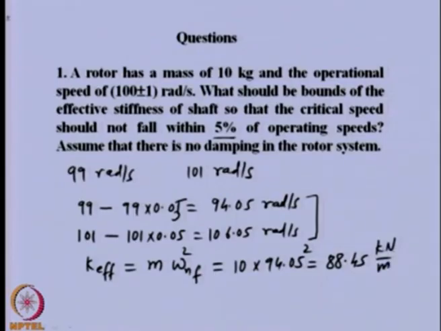And if we see the upper range, again we can substitute this, but in this particular case we will have the upper limit of the operating speed frequency this much.